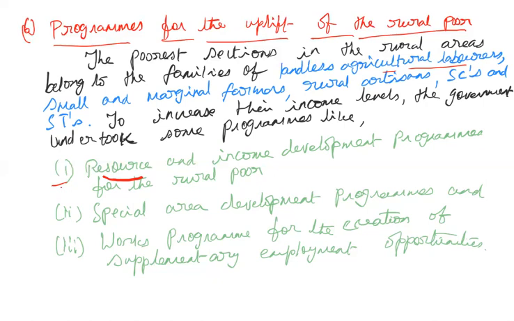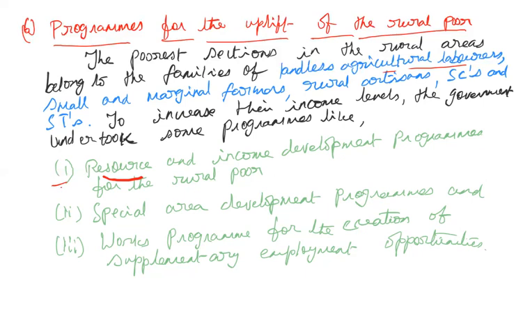So if the government redistributes this kind of land to the poorest sections of the population, what will they do? They have to do something, isn't it? So in order to develop those areas, the government devised a program like the special area development programs. For example, to put it very simply, the drought prone area program.